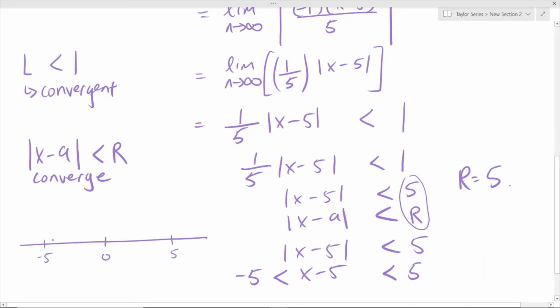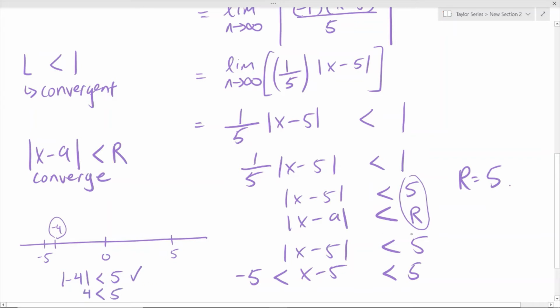Let's say x minus 5 was negative 4. The absolute value of negative 4 is going to be less than 5, and that is true because 4 is less than 5.